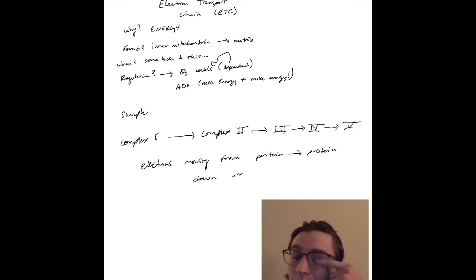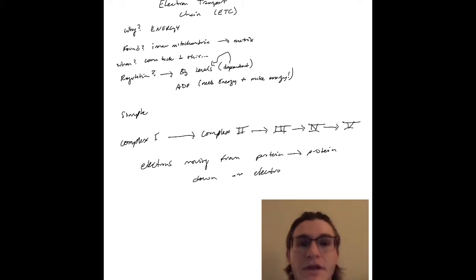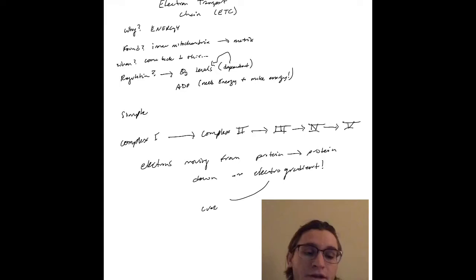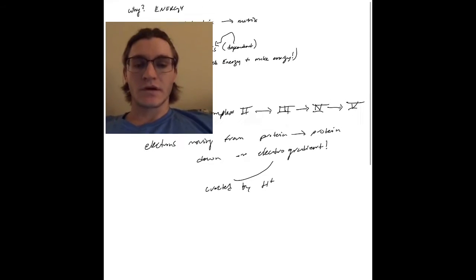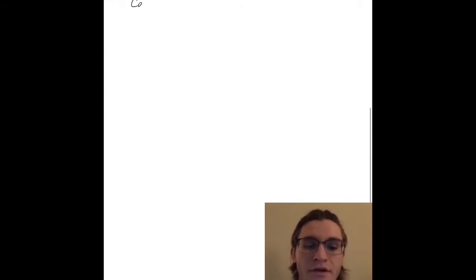And these electrons are going to keep moving, and the hydrogens are going to pump out, creating an electron gradient. That's commonly referred to in class as well. It's created by the hydrogens moving out, creating a basic environment in the inner mitochondria and a more acidic environment in the matrix.